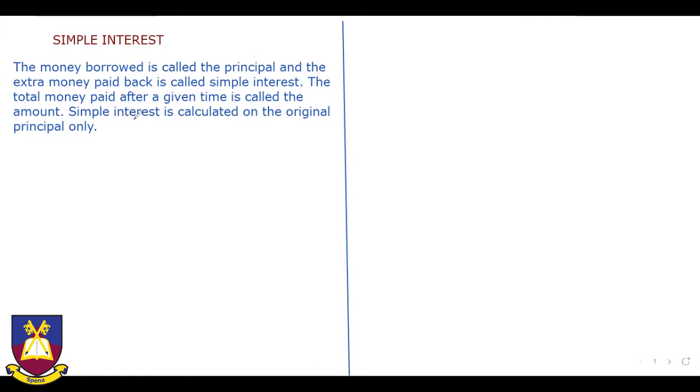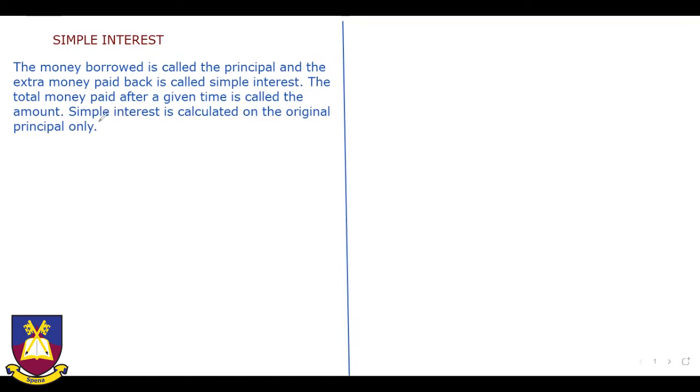For example, if you go to the bank and you get a loan of maybe 5 million, the bank and you will enter into an agreement, agree a percentage, and then it will be used to calculate the money that you return. So that money you return obviously will be higher than the one you borrowed, because the bank also has to make profit. So that excess, that extra money that you've paid back is what we call interest.